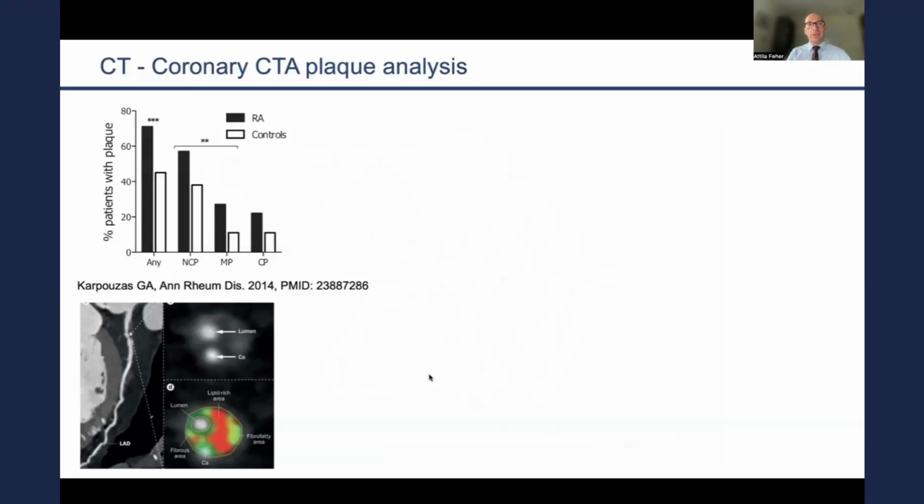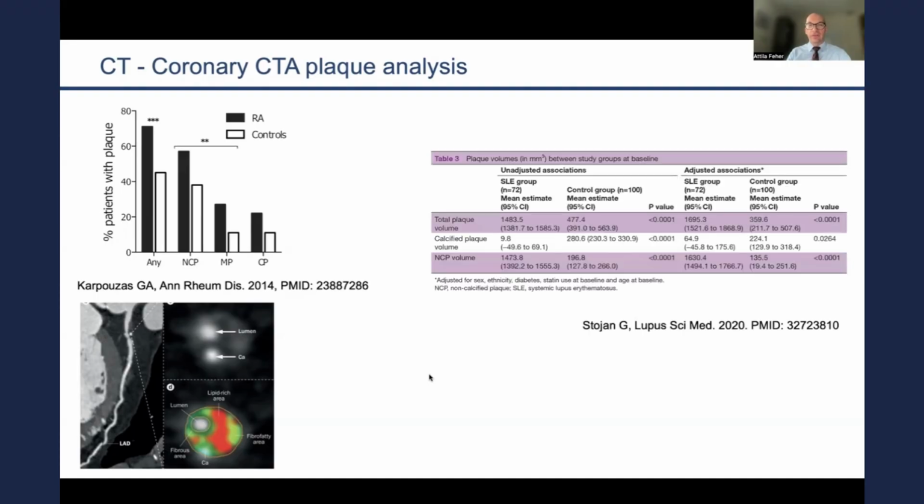We can go one step beyond and analyze the plaques themselves, because the CT sees beyond the coronary lumen, unlike a coronary angiogram. And here you can see that a lot of publications have demonstrated that patients with autoimmune disease have a higher rate of non-calcified plaque, mixed plaque, and calcified plaque.